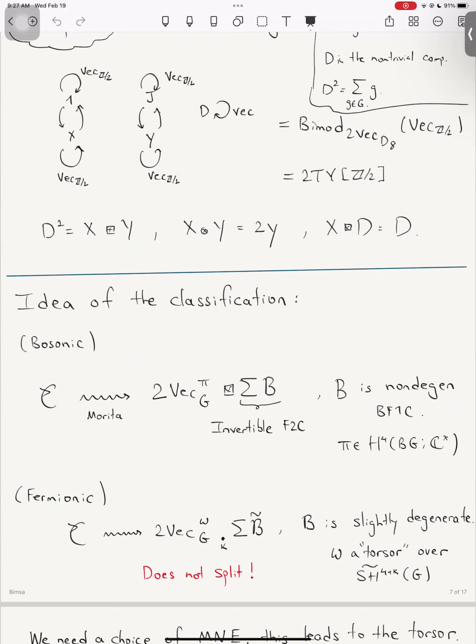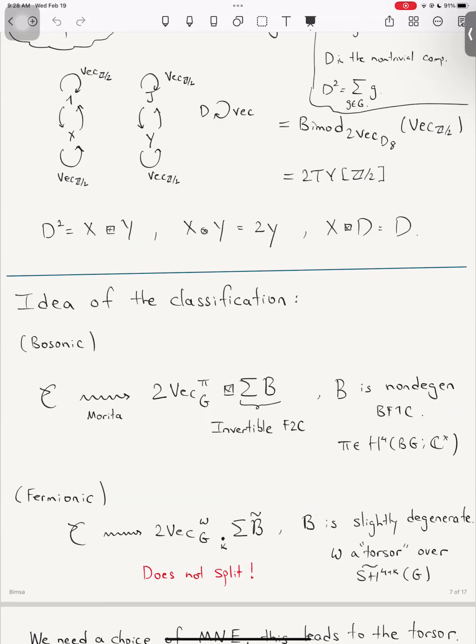What you need to do is actually go in and pick a minimal non-degenerate extension to split this. And then there are 16 different MNEs that you can choose to do this, so it doesn't split canonically. And this is what's creating the headache in the fermionic classifications, that this doesn't quite split.